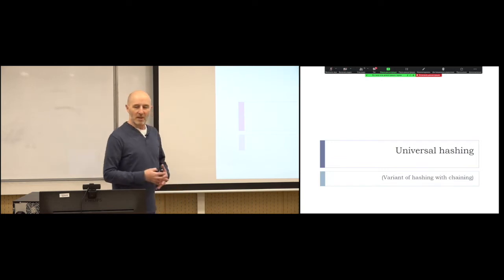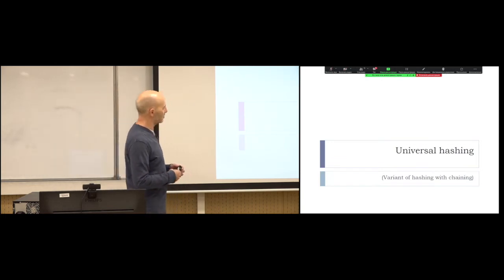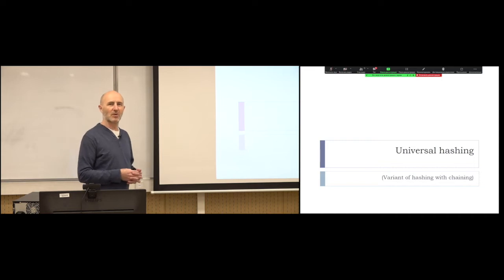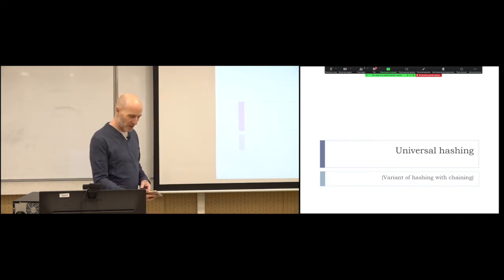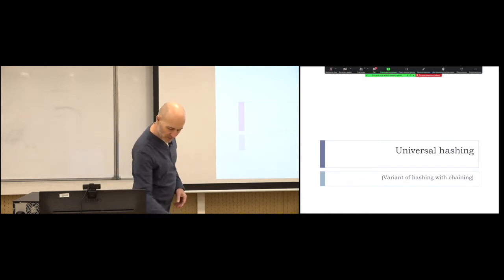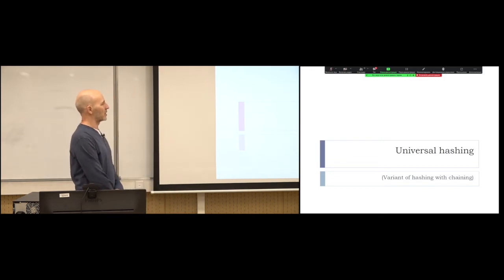So now, after this quick introduction or reminder, I want to talk about, in my view, more interesting things, and maybe a little bit more advanced. The first thing I want to talk about is so-called universal hashing.